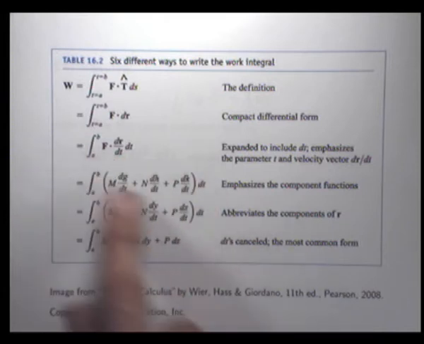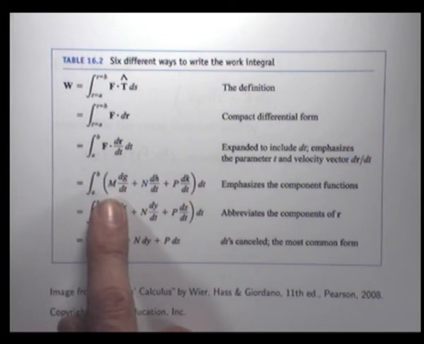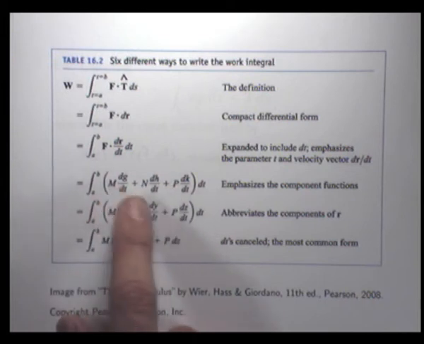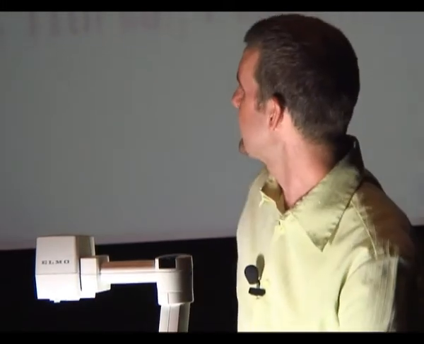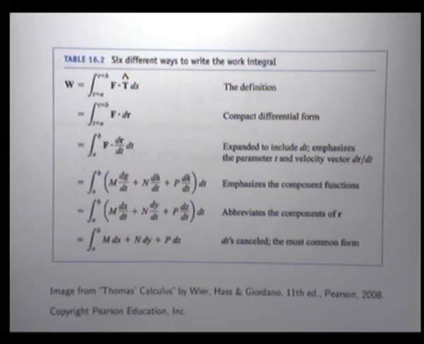Here it's all written out in terms of the components m, n, p, and g, h, and k. And it's claimed here that this is the most common form. So you need to be comfortable with all of those representations. And if you can put one representation into another type of representation, that's great as well.